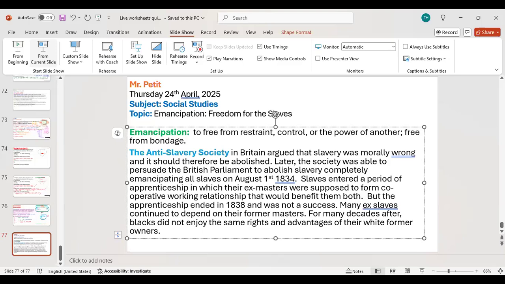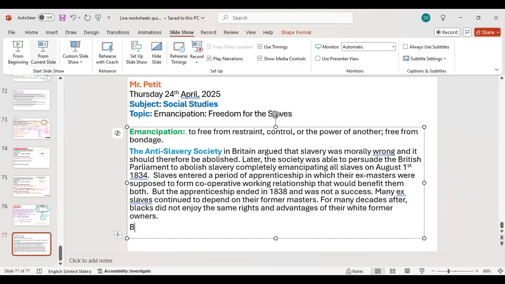The Anti-Slavery Society. But before even the Anti-Slavery Society, the Quakers, very good. So in England, this is the Quakers.